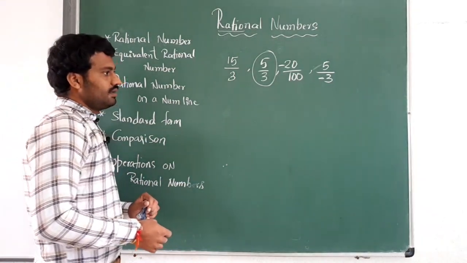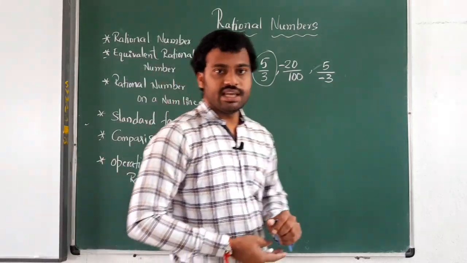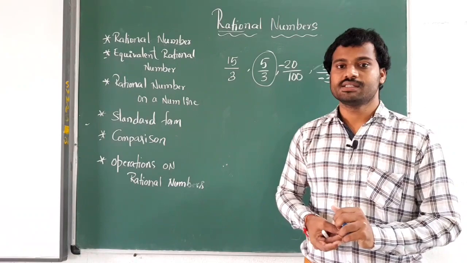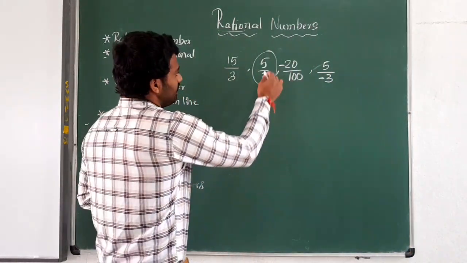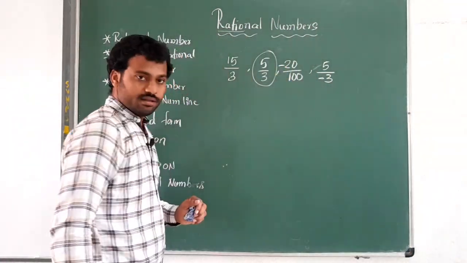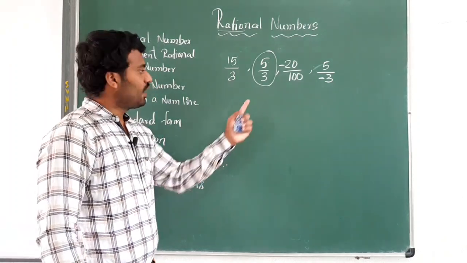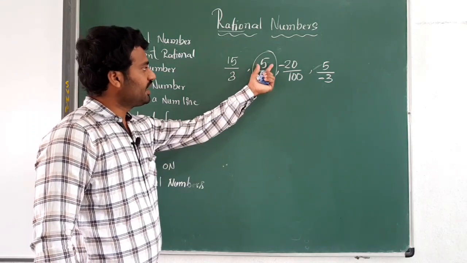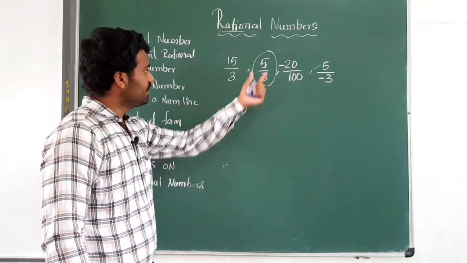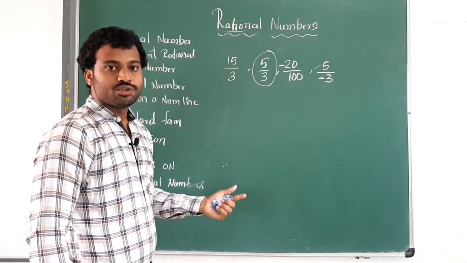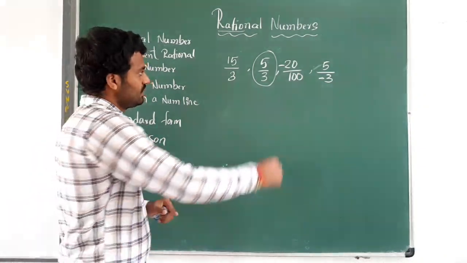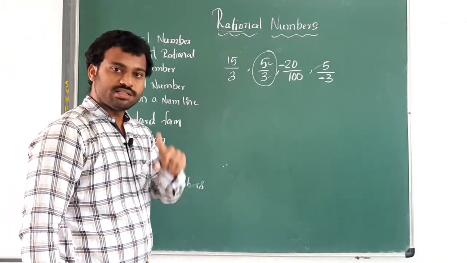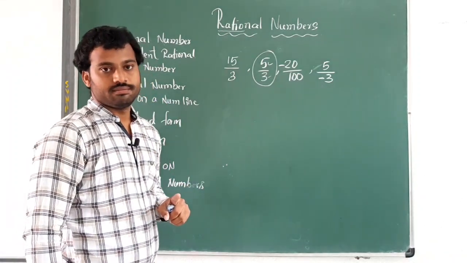When you say a rational number is in the standard form, the numerator and denominator should have one as the only common factor. Just look into 5 and 3. Only one common factor is there, that is 1 itself.